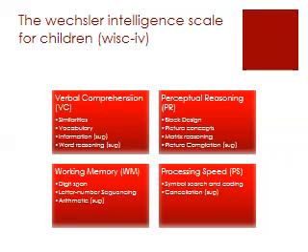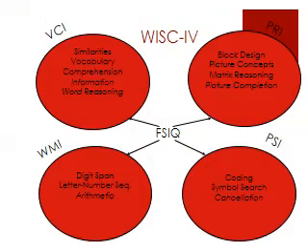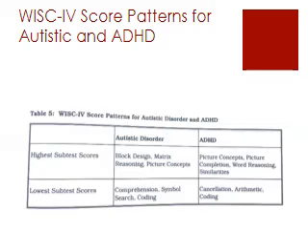So the Wechsler Intelligence Scale is based on neurocognitive models of information processing and measures 6 of the Cattell-Horn-Carroll cognitive abilities. The WISC has 4 different main categories, similar to the WAIS: verbal, perceptual, working memory, and processing speed with a full scale. Important to know the score patterns for autism and ADHD on the WISC.